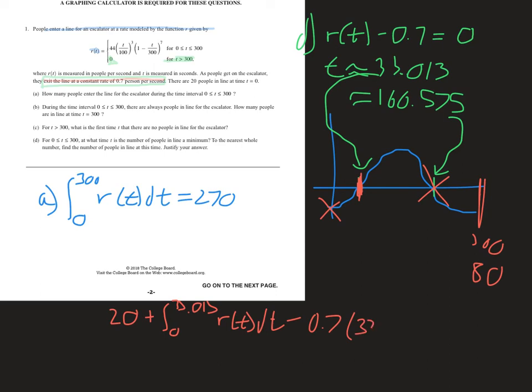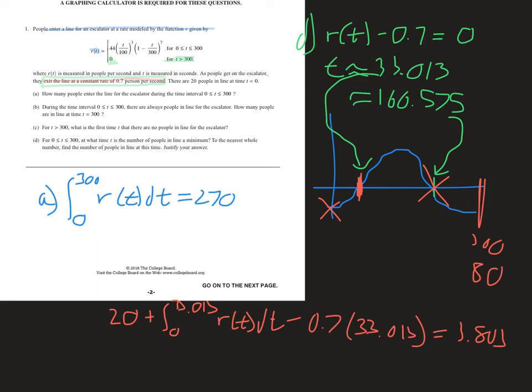So again, 33.013, because we've been losing 0.7 people per second for all of those 33.013 seconds. If I do that, I'm going to get 3.803. And so that's the minimum.